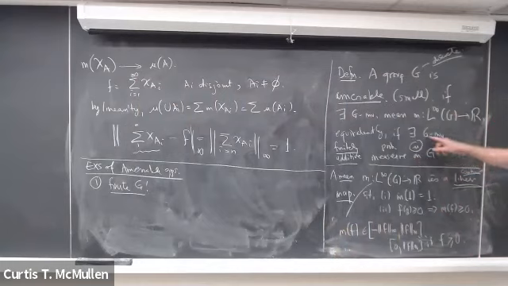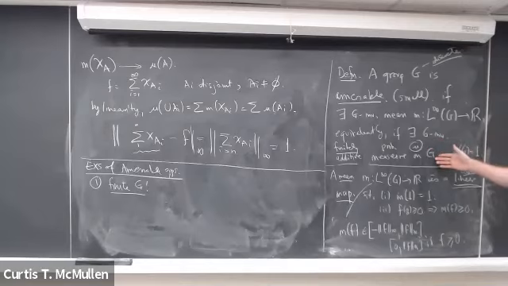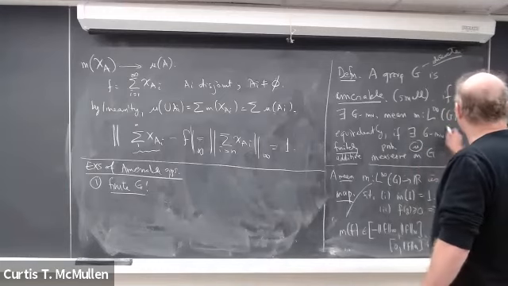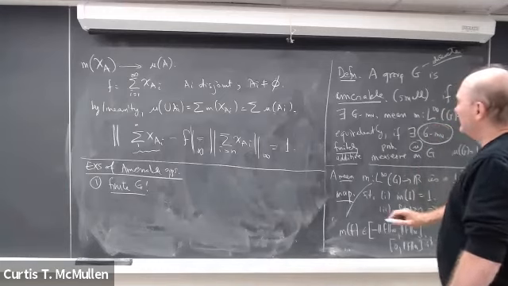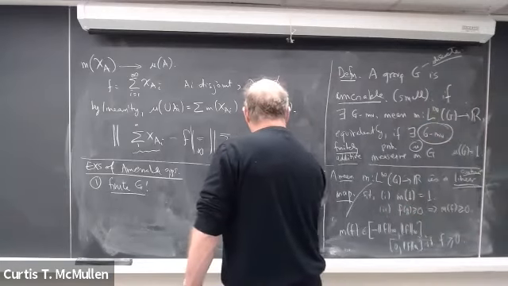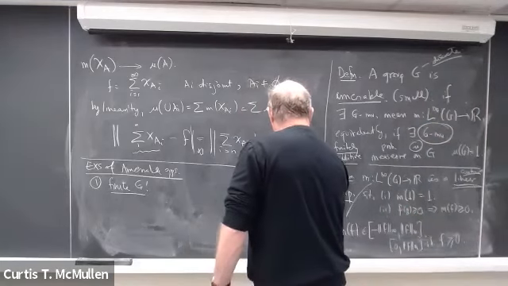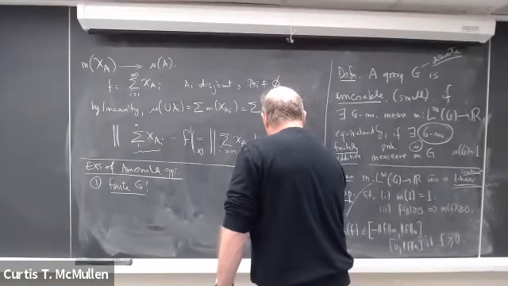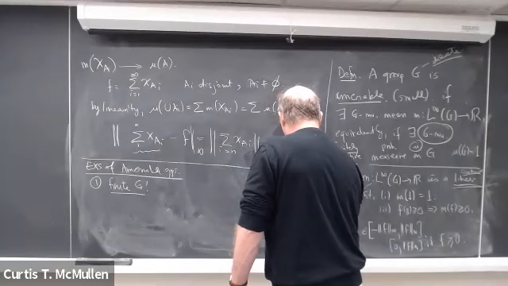For this measure, we can consider either the right or the left action of G on itself. Let's take the right action for fun. To say it's G-invariant is to say that the measure of A times g is equal to the measure of A for all subsets A in the group and for all g in the group.